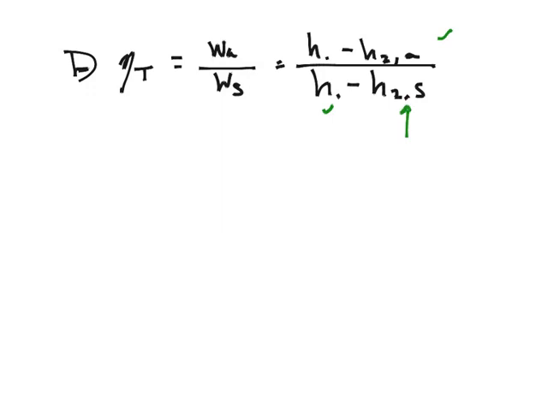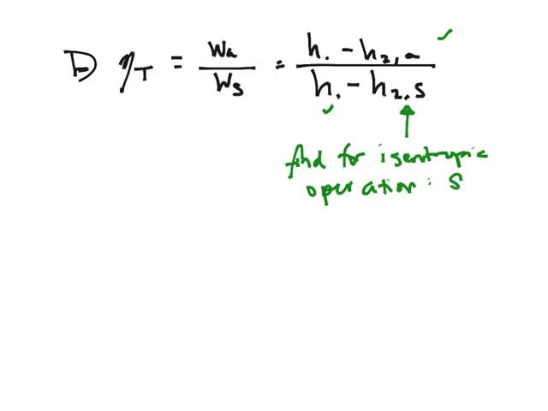So what we need to find is what would the specific enthalpy be of stream 2 if it was operating isentropically. So we need to find this for isentropic operation. And the key there is that S1 equals S2 if it's operating isentropically.